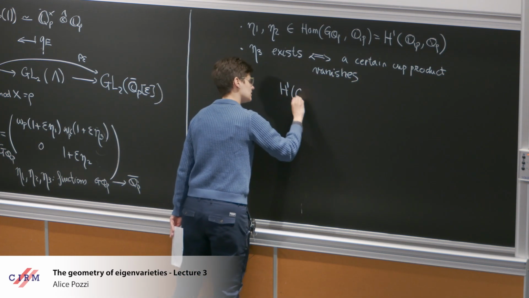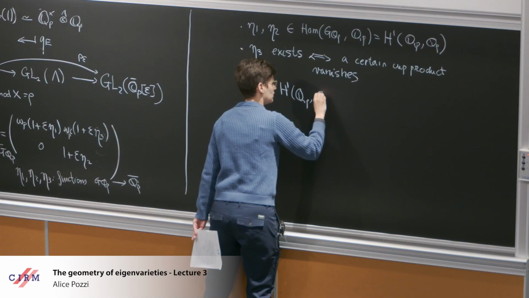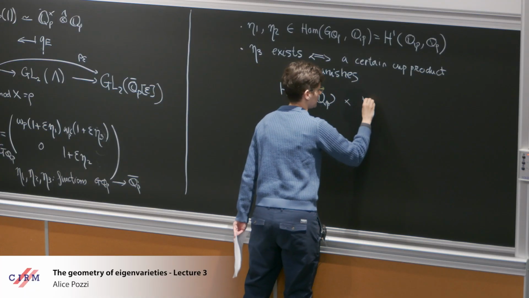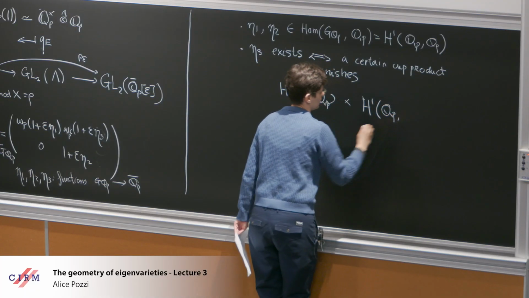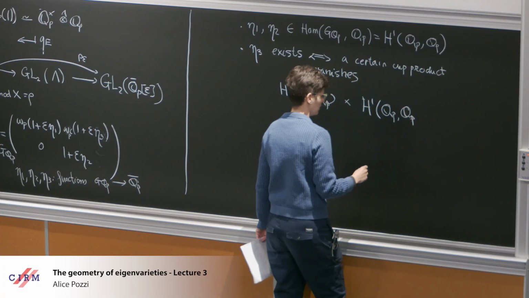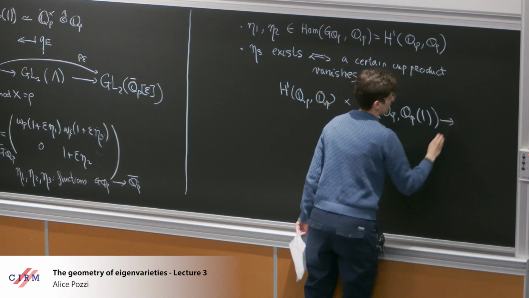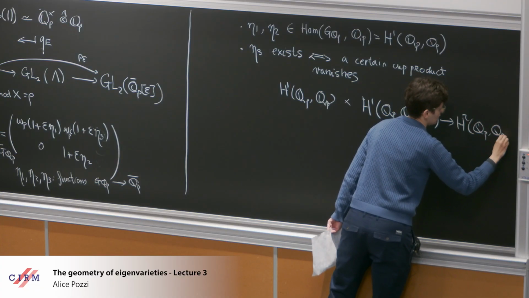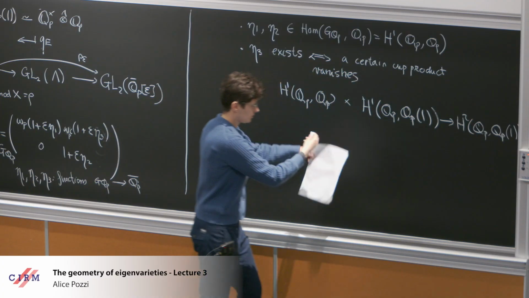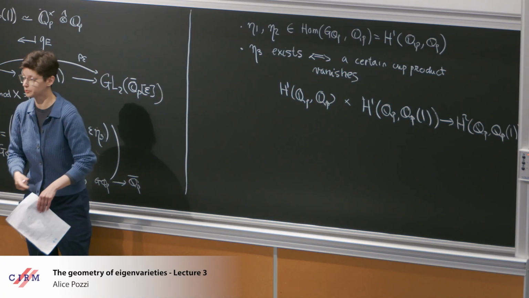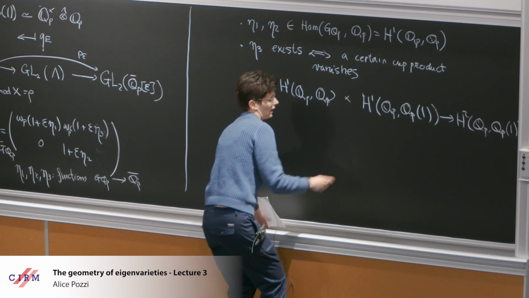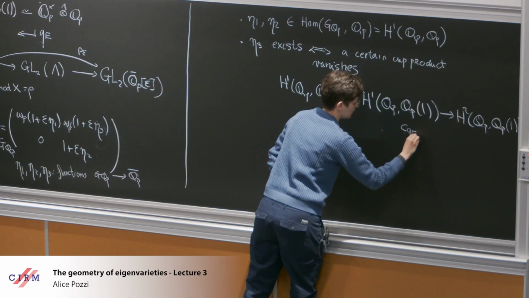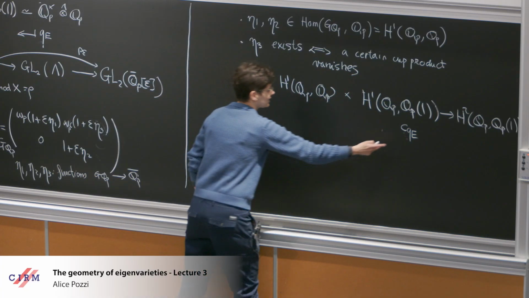But this is going to be a cup product between H1 of Q_p and H1 of Q_p twisted by 1, landing in H2 of Q_p twisted by 1, which is the setting of local Tate duality. And our class C corresponding to my parameter lands in here.